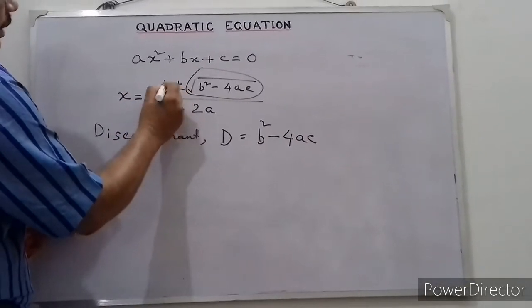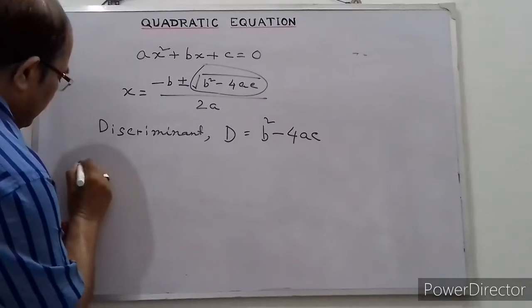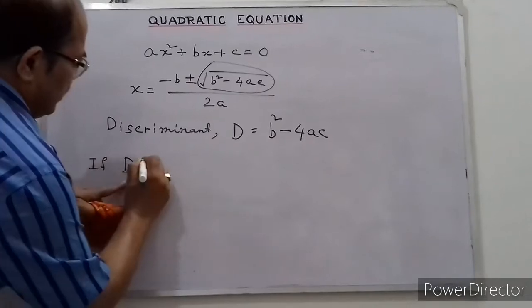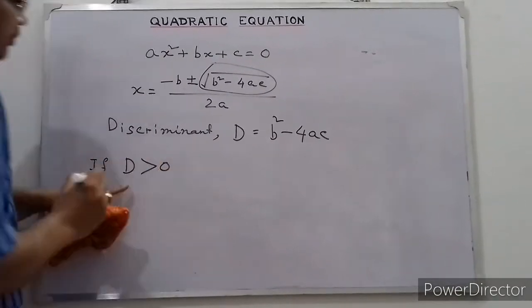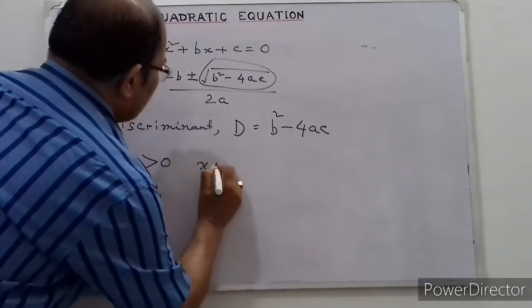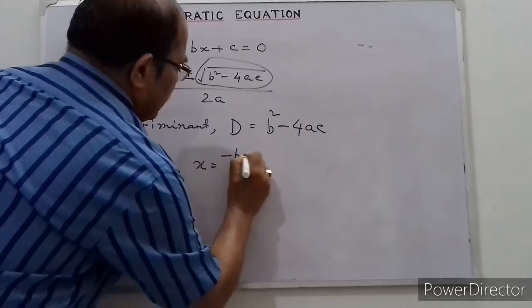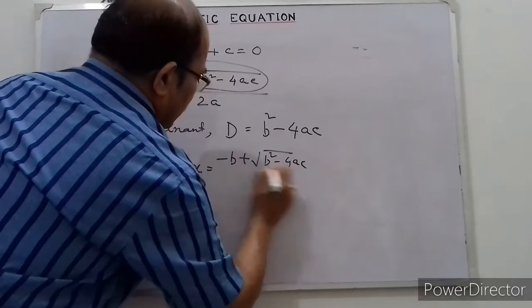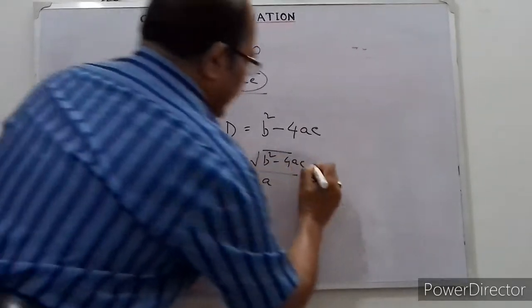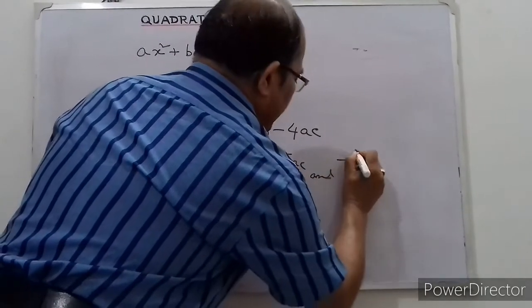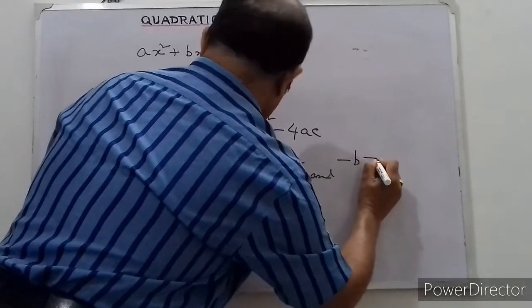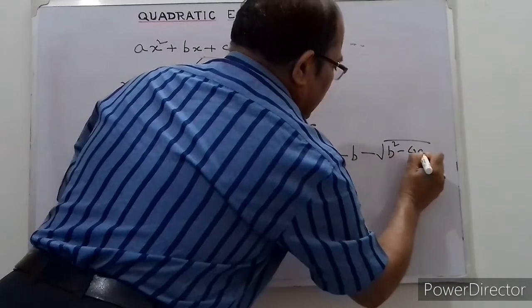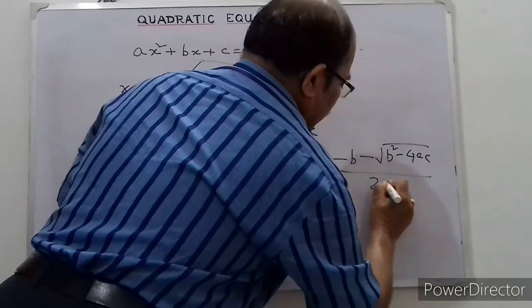If D is greater than 0, we will get x equals minus b plus root b square minus 4ac by 2a, and minus b minus root b square minus 4ac by 2a.